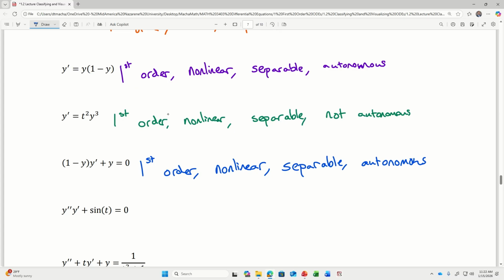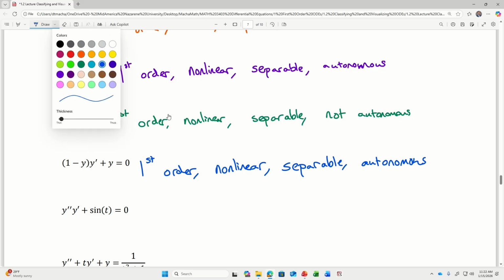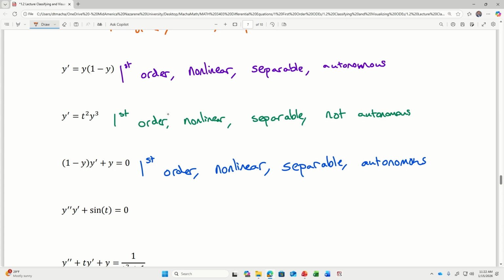The next equation, y double prime y prime plus sine of t equals 0. Is that first order or second order? Second order. Is it linear or nonlinear? This is nonlinear because of the y double prime times y prime. I can't even mix the primes, right?